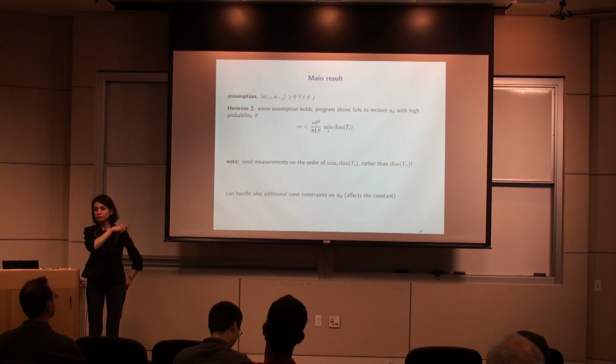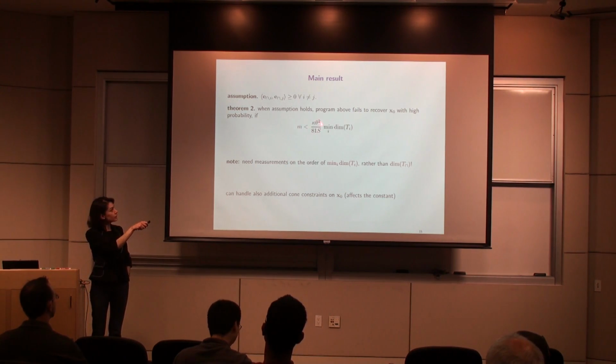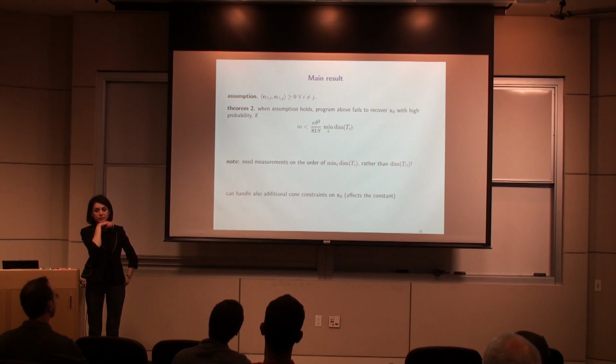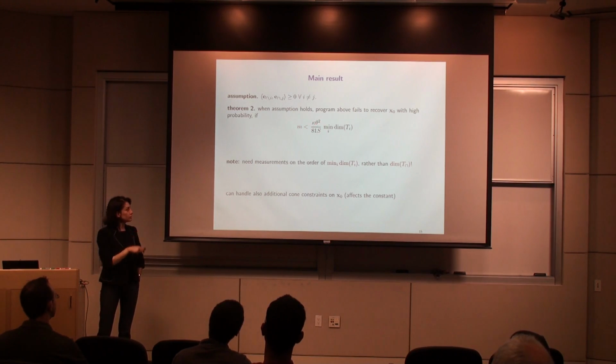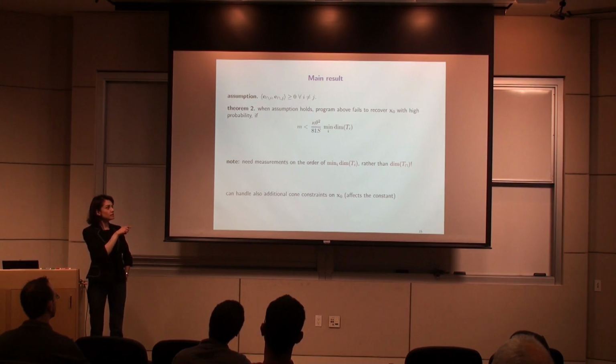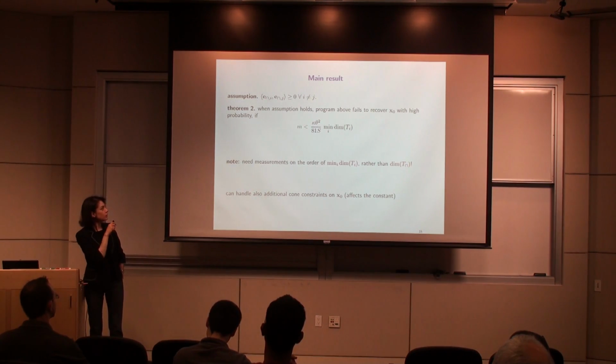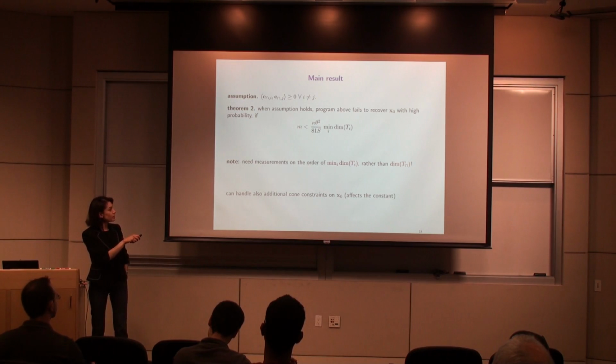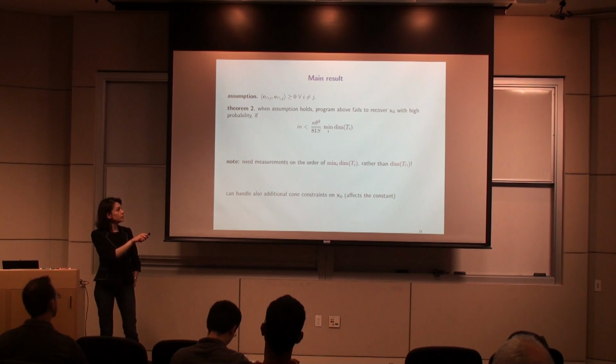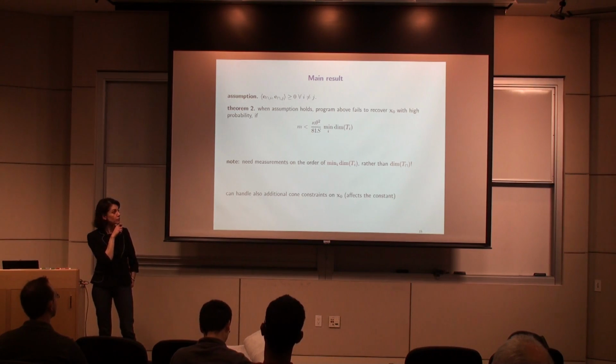The program is going to fail if M is less than something times the minimum of the dimensions of the T_i's. I'm going to talk about these other terms in a bit, but basically they're bounded by constants, so you can think of this whole term as a constant. So what this result says is that the number of measurements needs to be bigger than this value, at least, for recovery to work.